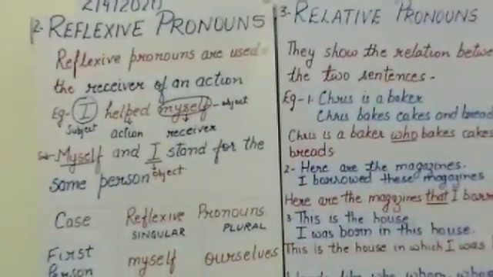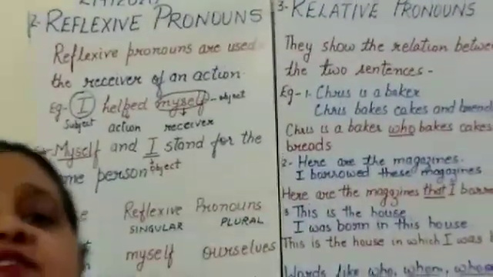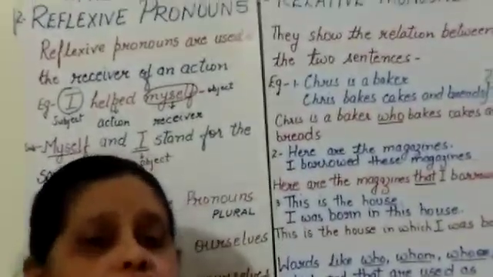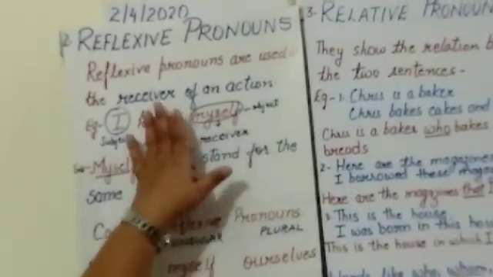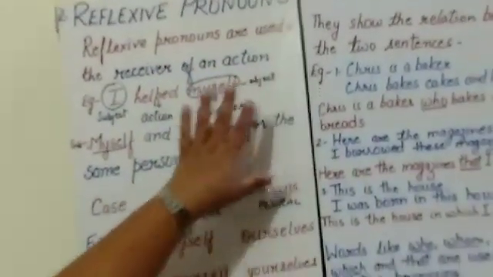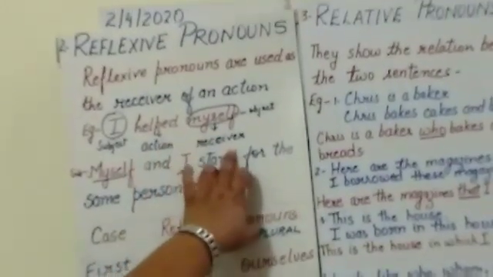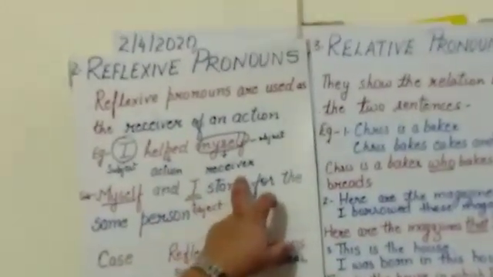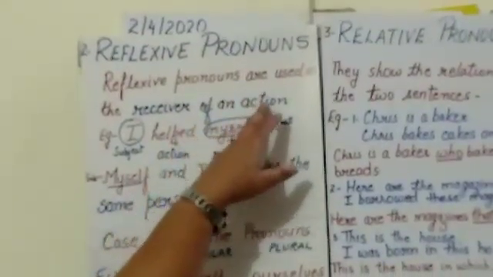In reflexive pronouns, the subject and the object both stand for the same person. Suppose I give one example: I helped myself. Here I said receiver of an action. The action is help, and who is receiving the action? Myself.